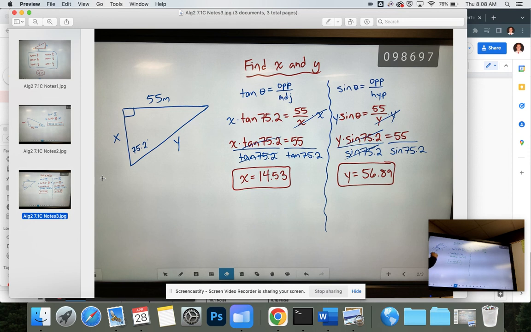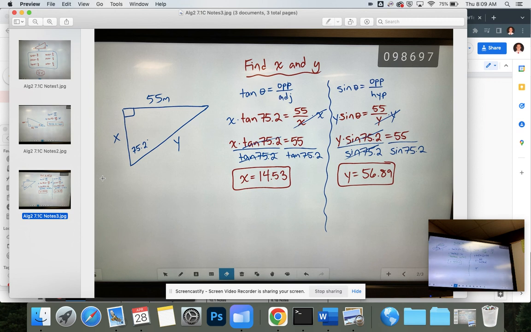Not sure which trig function? Think opposite over hypotenuse. There would be the next couple steps.